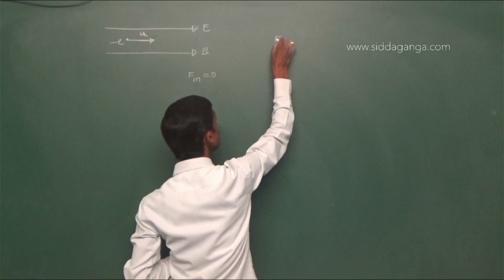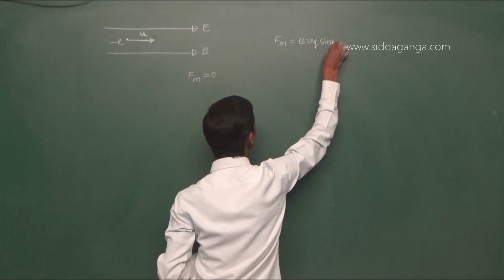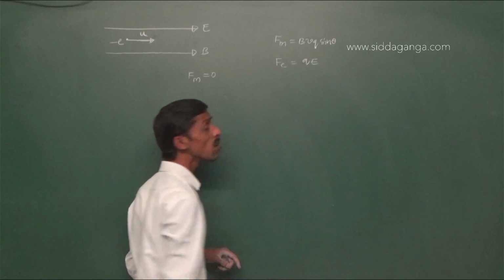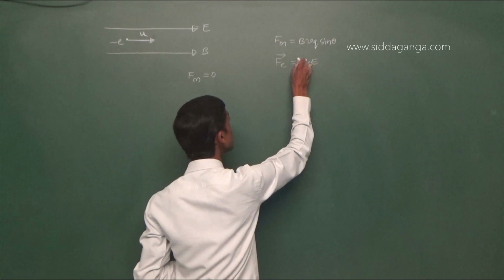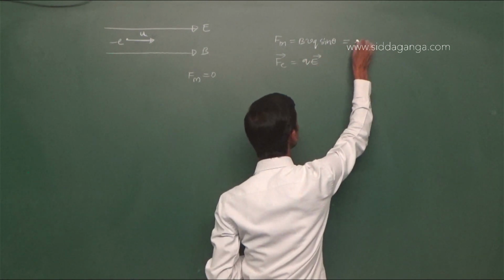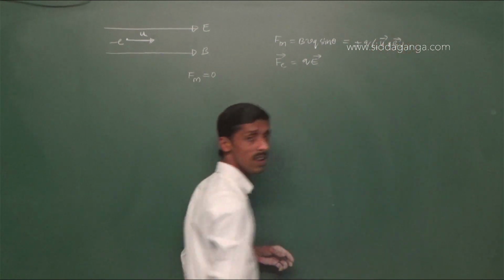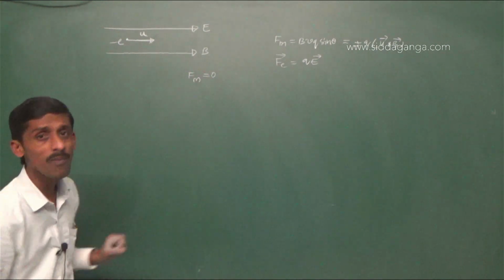You know, expression for the magnetic force acting on a charged particle is BVQ sin theta, whereas the electrical force experienced by charged particle is F is equal to QE. Even in vector form, Fe is equal to plus or minus QE bar, and the magnetic force is plus or minus Q into V bar cross B bar. Magnetic force acting on this electron is zero.